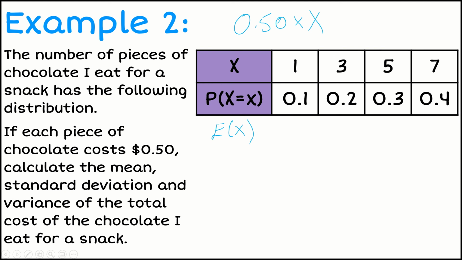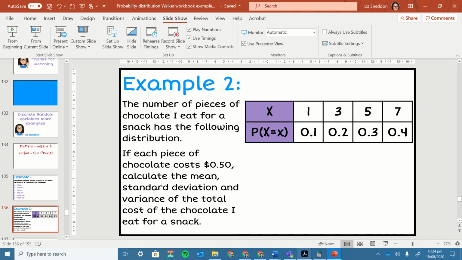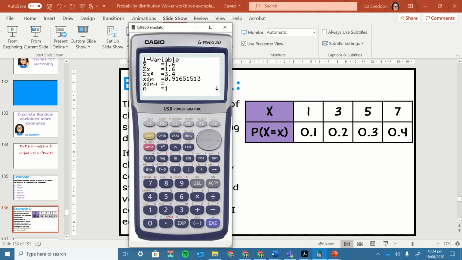Excuse me while I jump out of this mode. I need to get my calculator. Let's exit the app. Delete. This was a previous question I've done. So I've got 1, 3, 5, 7, and their probabilities are 0.1, 0.2, 0.3, and 0.4.